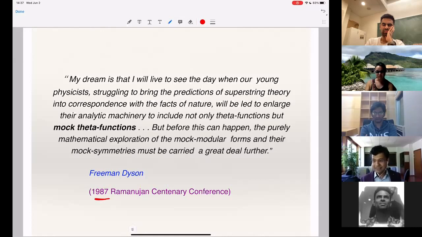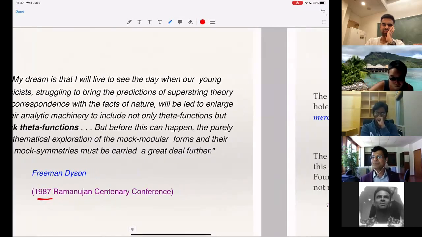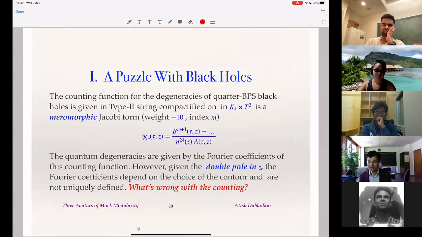But quite surprisingly, around 2010 or so, we were led to mock modular forms, almost against our will. And this has to do with a puzzle with black holes. This is how I got interested in mock modular forms.